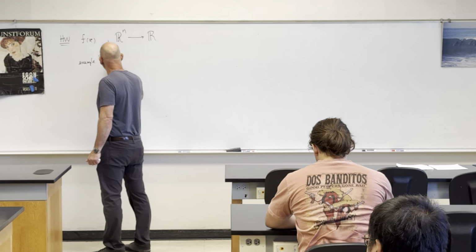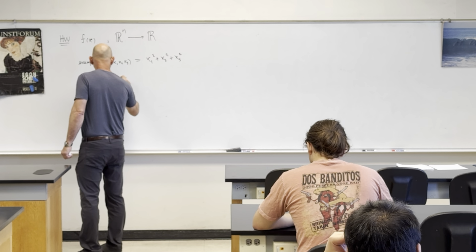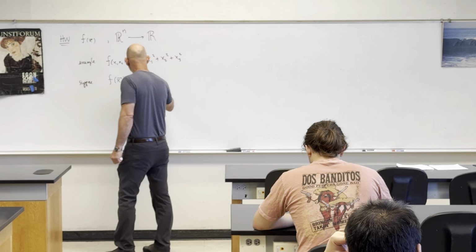It's the magnitude squared of that vector in R3 space. So we can still visualize this thing completely. And suppose f of x is equal to a constant.